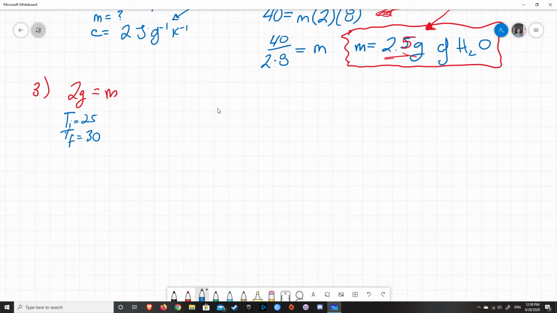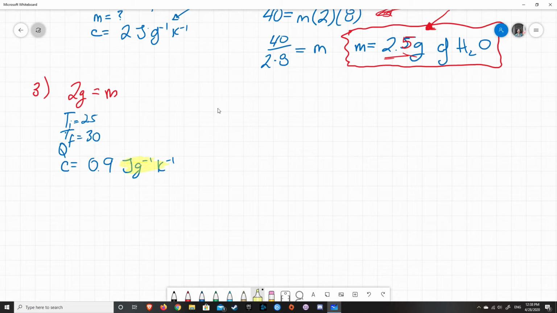How many joules of heat were added? So we need to know Q, and then it says C. C is equal to 0.9 joules gram Kelvin. So the first thing I want you guys to do, I'm going to take this highlighter, is look at the units.